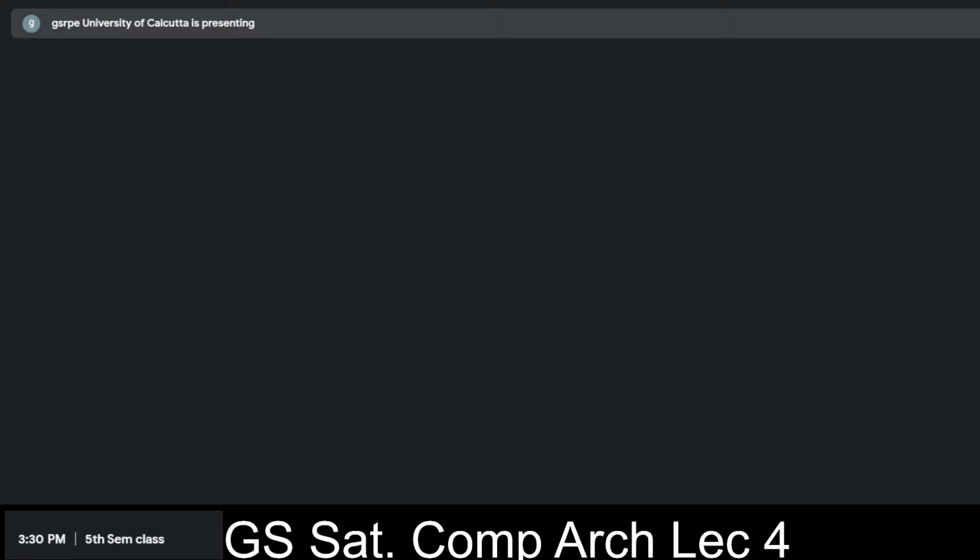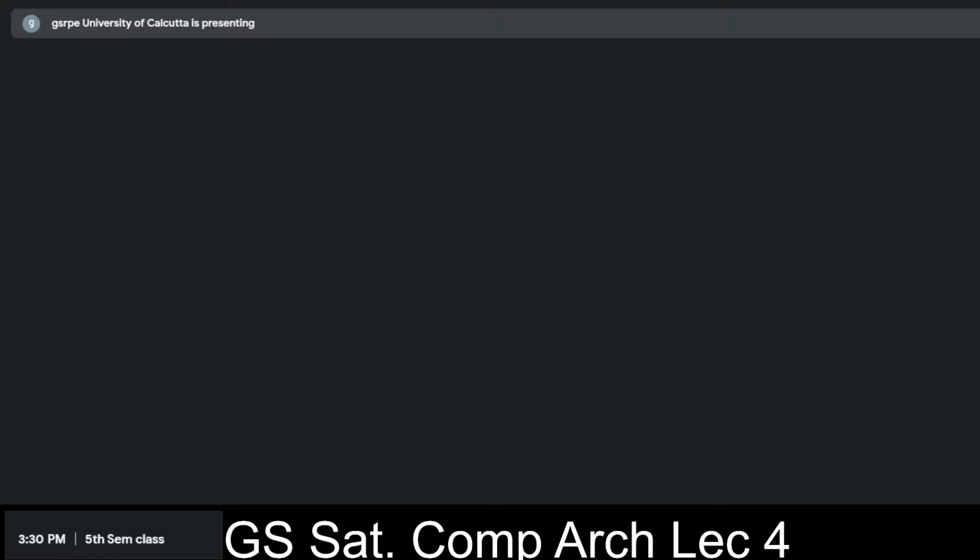So there are 3 types of shift micro operations: arithmetic shift operation, logic shift operations, and circular shift operation. Again, as I have mentioned, a shift micro operation shifts or transfers data. Within the register, the data can be shifted either to the left or to the right.